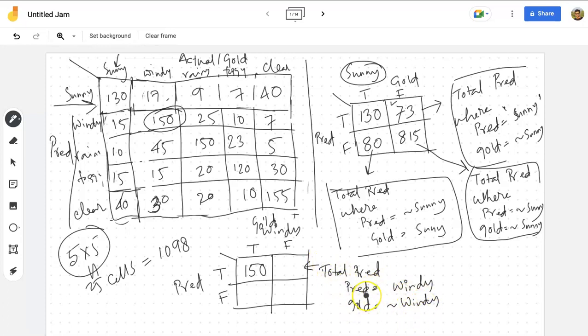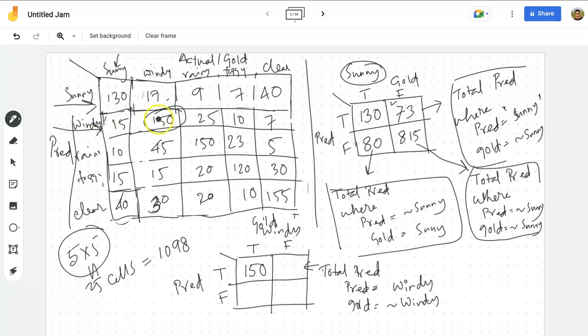How to calculate this? You just need to focus on this second row. What does the second row represent in the actual table? The second row represents all the predictions about windy, the total number of predictions for windy.